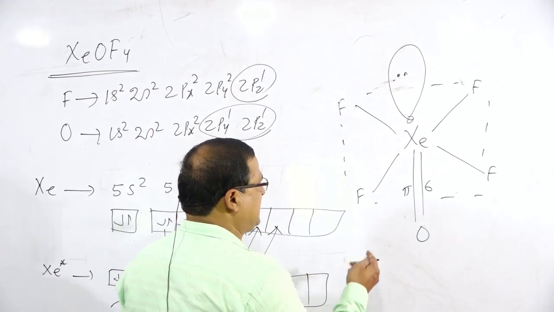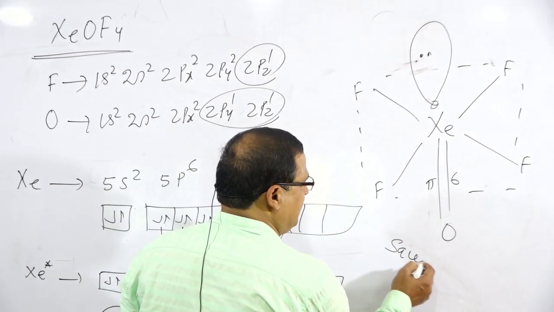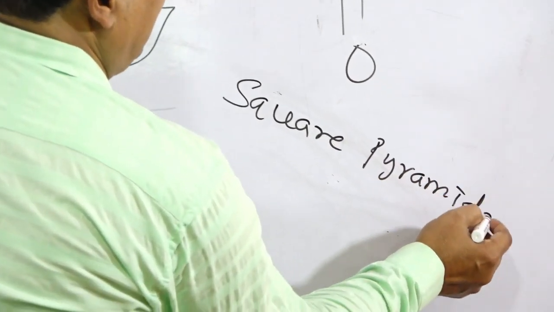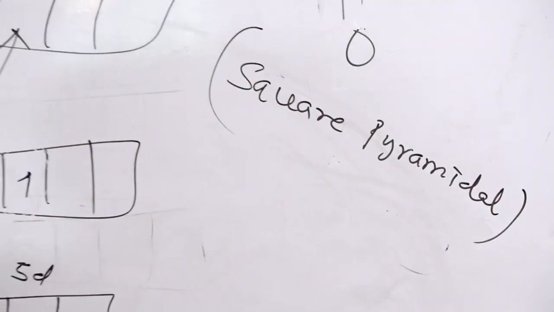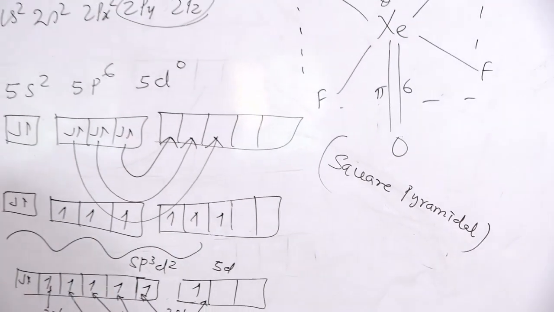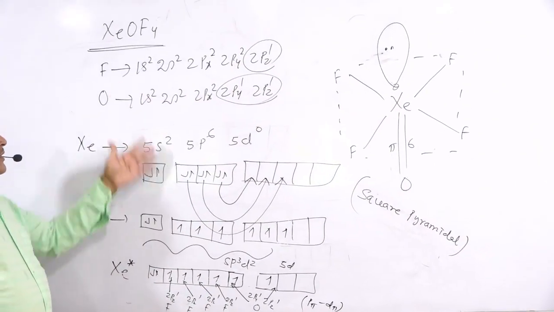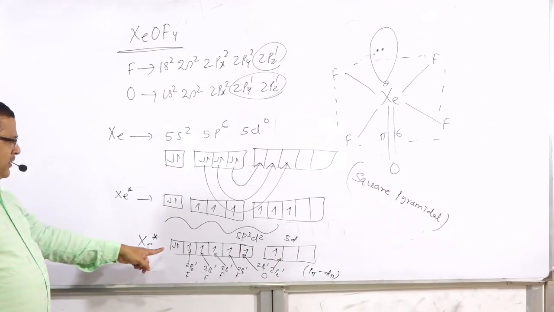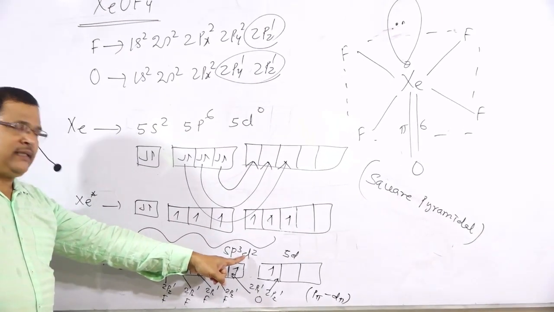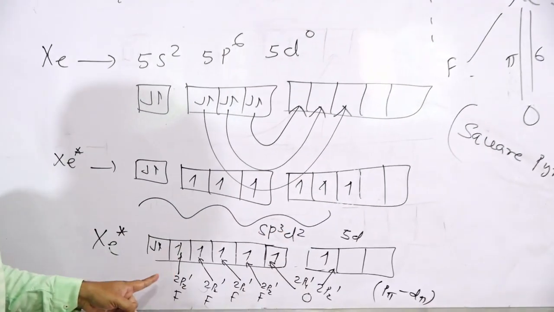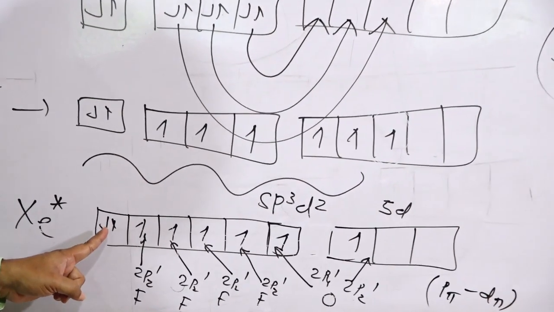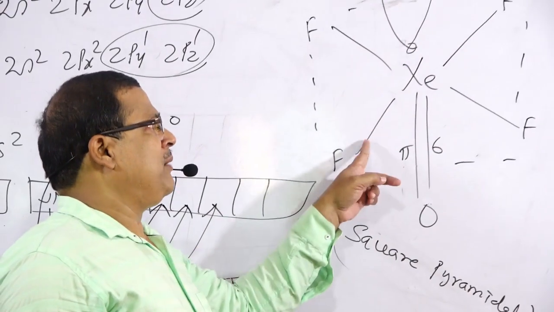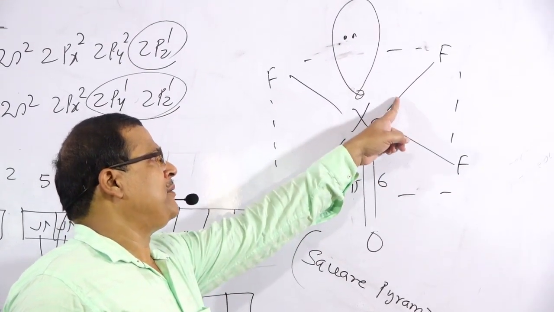So according to VSEPR theory, that is a square pyramidal structure. So this is regarding the formation of xenon oxy tetrafluoride compound structure, the nature of hybridization being sp3d2, and it contains one lone pair of electrons.